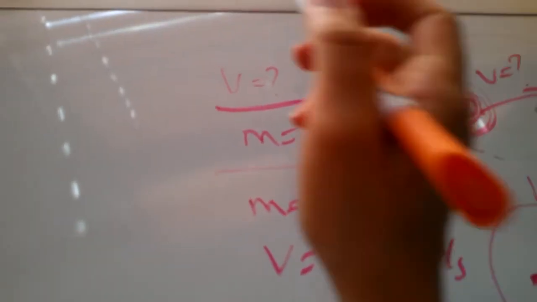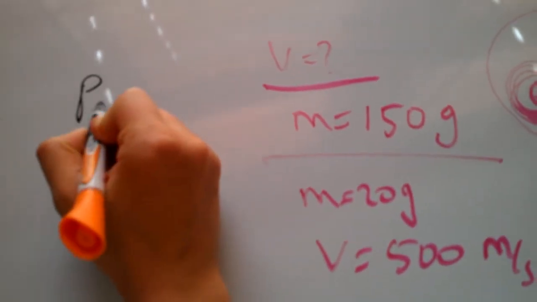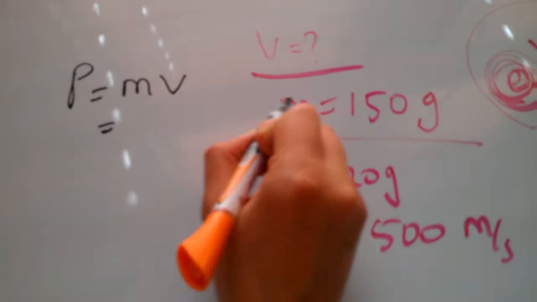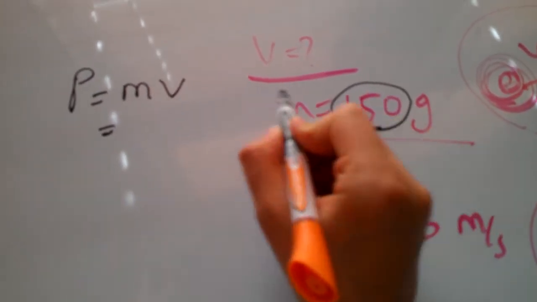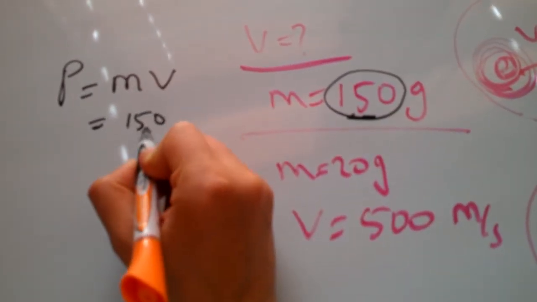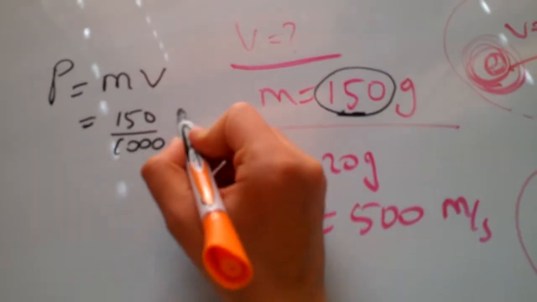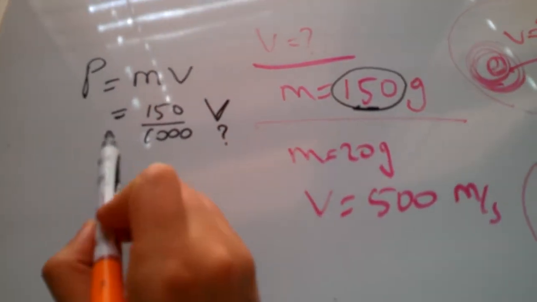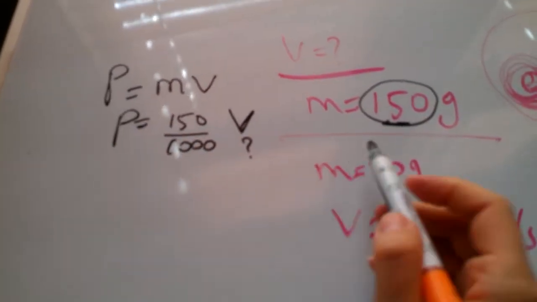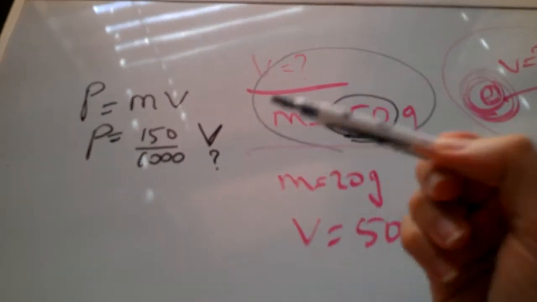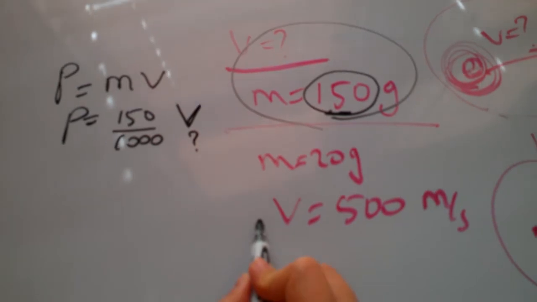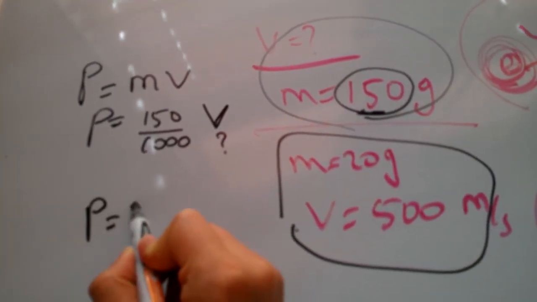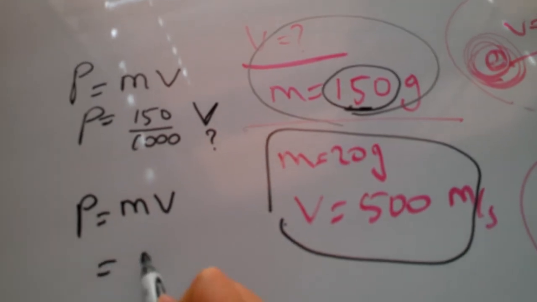I write out first the momentum of the baseball that I'm looking for, the mass of the baseball times the velocity of it. Mass is given in grams, so you need to be careful to convert it to kilograms, and then the velocity that I'm looking for. This gives me the momentum of the baseball, which I want to be the same momentum as the bullet. Momentum of the bullet is mass of the bullet times the velocity of the bullet.